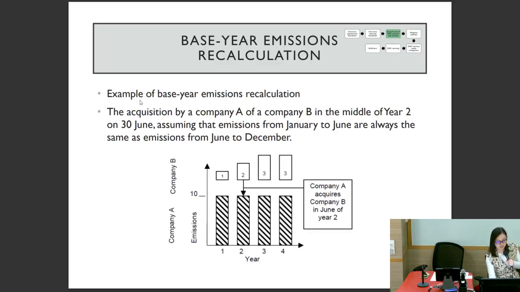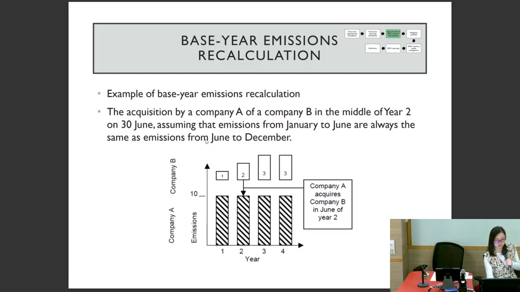So let's say company A acquires company B in the middle of year 2, on June 30th. And assuming that the emissions from January to June are always the same as the emissions from June to December.